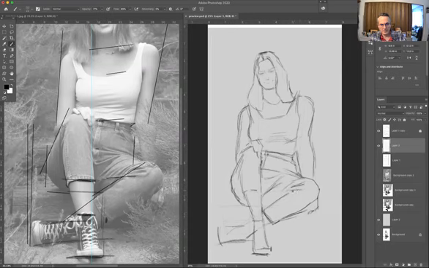This type of drawing is emphasizing proportions, not so much expression. So there's limitations to working this way, but it certainly will improve your proportions.